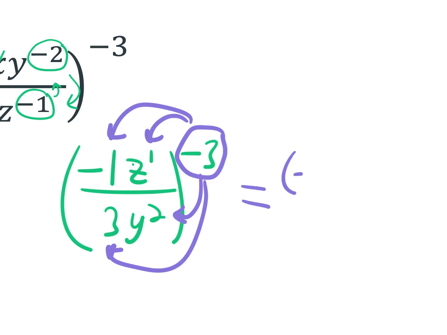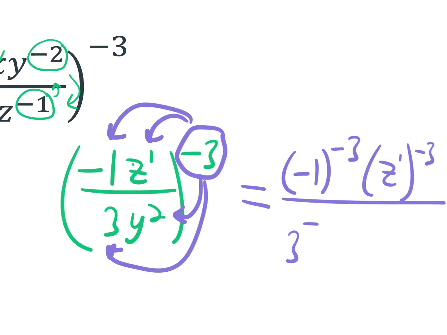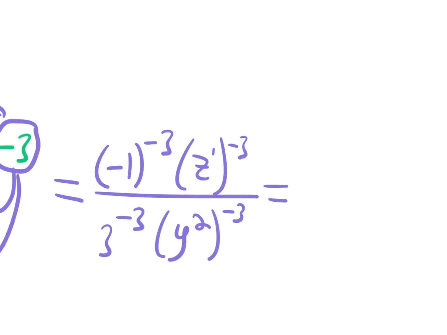So then we get negative 1 to the negative 3, z to the first to the negative 3, over 3 to the negative 3, y to the second to the negative 3. And then we can simplify this as much as we can. There's nothing that we can really do with the numbers right now besides just switch them, right?